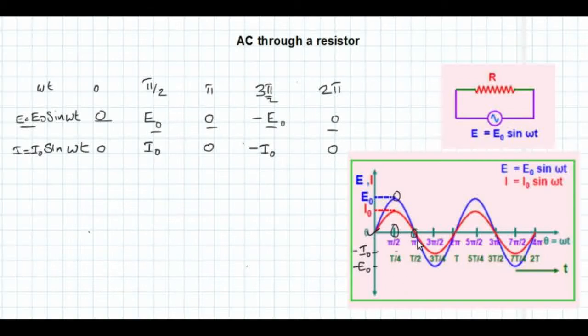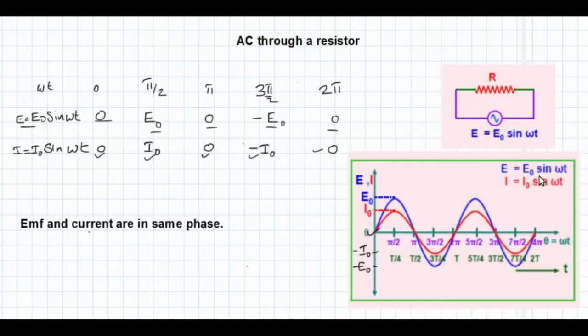So this way you can see the variation of EMF and current are going hand in hand. The variation will be similar. So this is how the AC voltage and current are varying in the case of a resistor.